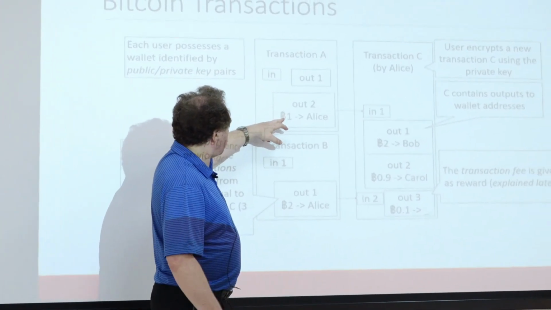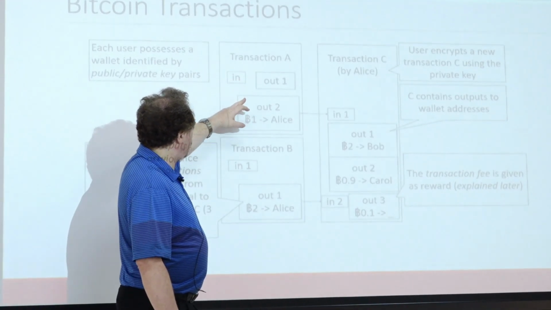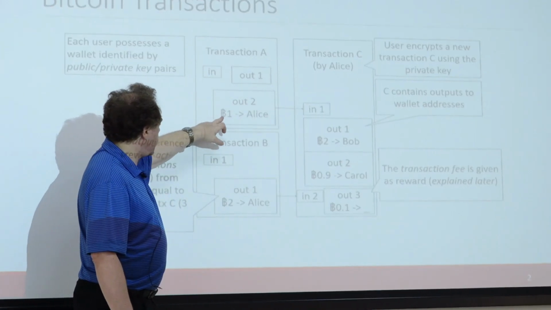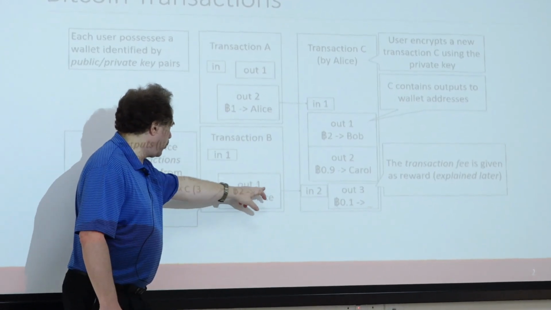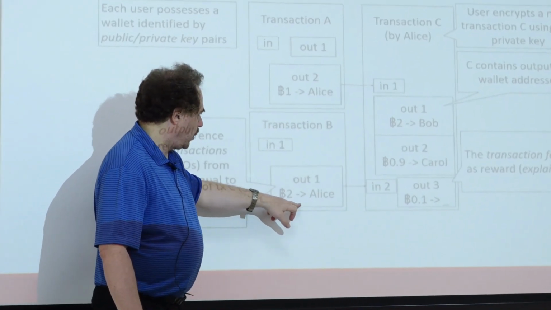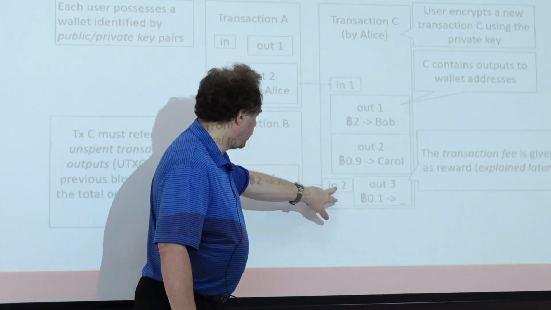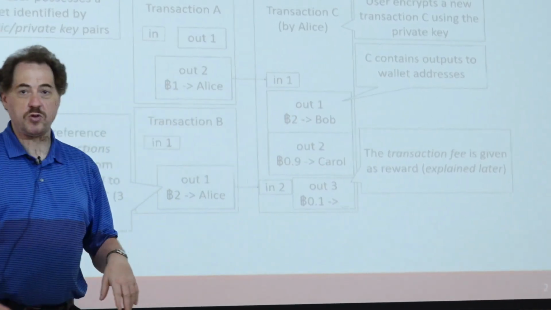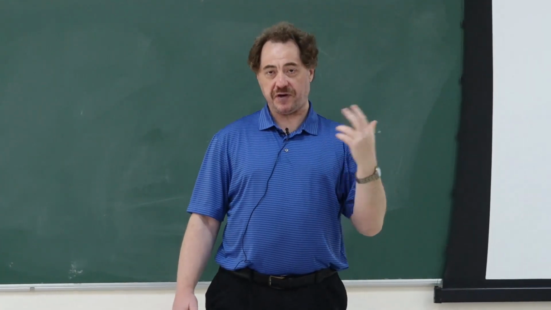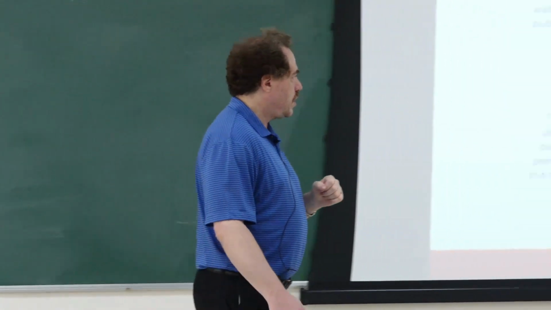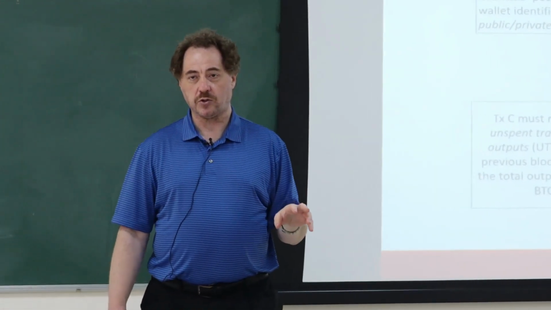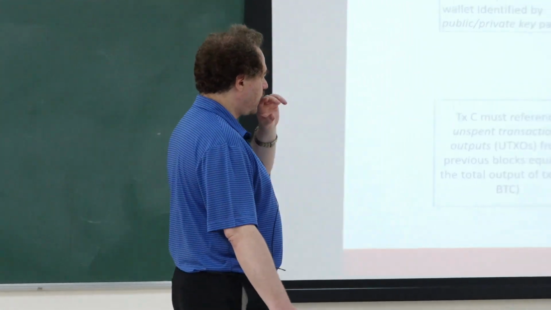Okay, so in this example, output 2 of transaction A is 1 Bitcoin. Output 1 of transaction B is 2 Bitcoins, right? So I take both of them as the input. So the total amount of inputs in transaction C would be 3 Bitcoins. Now, the total amount of inputs must be equal to the total amount of outputs, right?